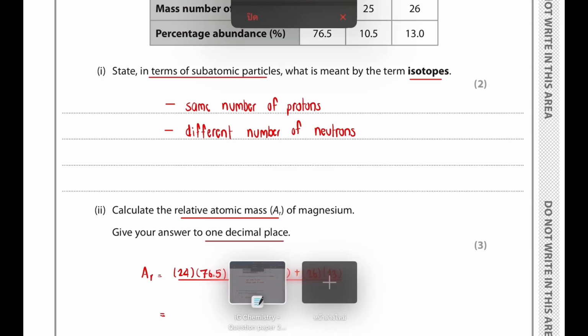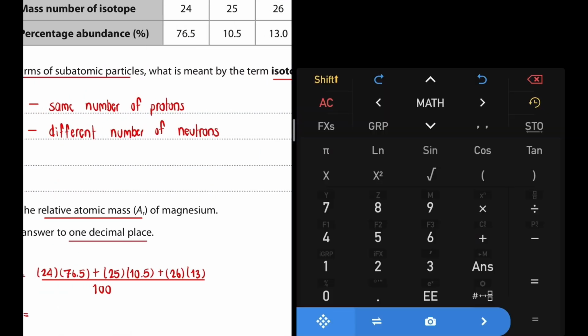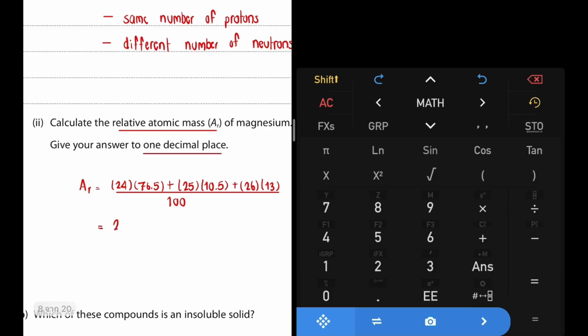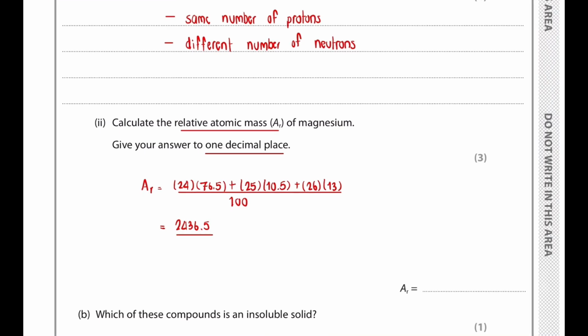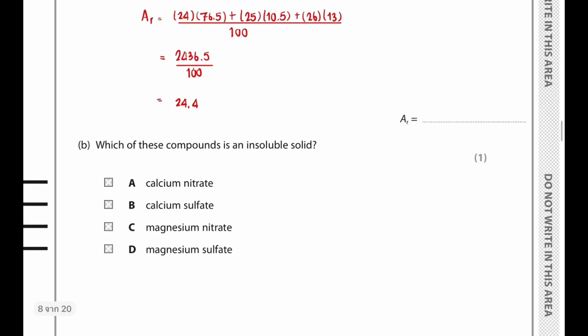So it is equal to 2436.5 divided by 100. So it is equal to 24.4.